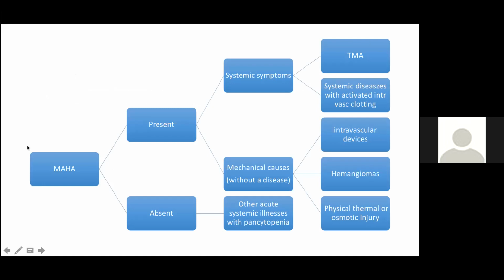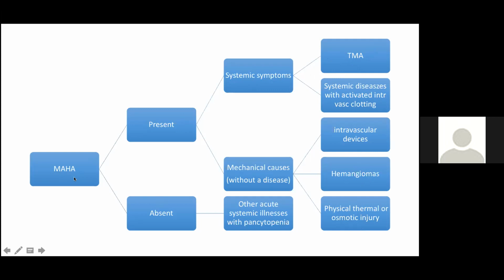Right. If microangiopathic hemolytic anemia is there, and if there are no significant systemic symptoms, mechanical causes should be excluded, like intravascular devices, hemangiomas, and physical, thermal, and osmotic injuries. But with microangiopathic hemolytic anemia, if systemic symptoms are there, again you have to exclude the other diseases which can activate intravascular clotting, and then look for thrombotic microangiopathy.